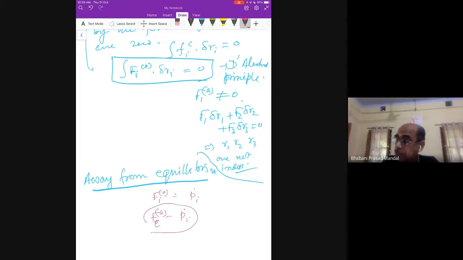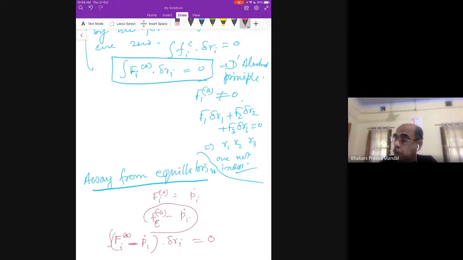So D'Alembert's principle, if you want to discuss away from the equilibrium, looks like this: F_a, these are all applied, and the constraint force is nowhere. So F_i minus p_i dot, delta r_i should be equal to 0. That resultant force will be the force.